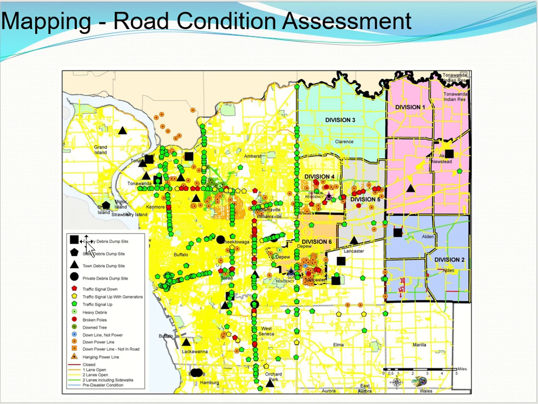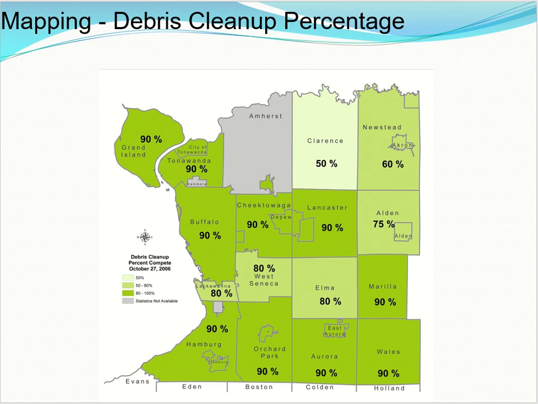Something else that would change would be the condition of roads. So the road locations, some roads might get built every now and again, but the network is the network. But if there's a big snowstorm up in Buffalo or a hurricane and you've got downed trees, condition of the roads can be incredibly important to identify. Here again, related to that percent of debris that would be cleaned up at a time.